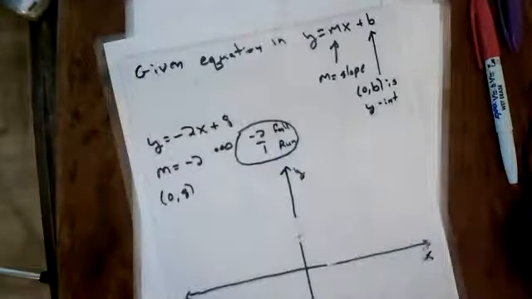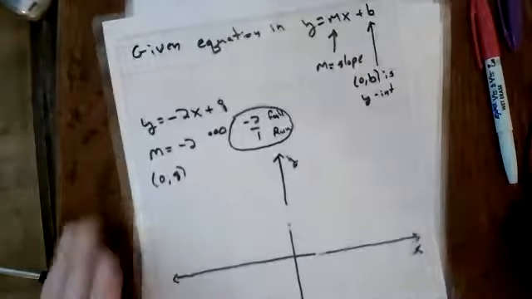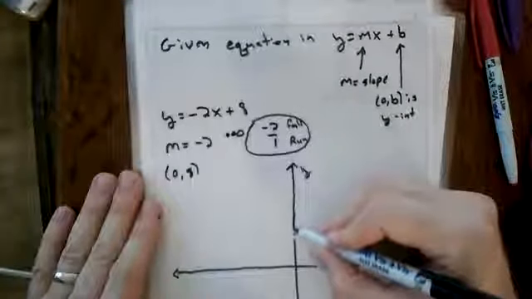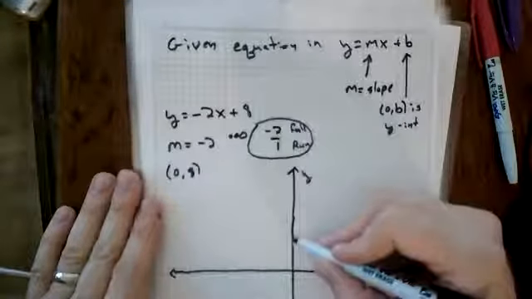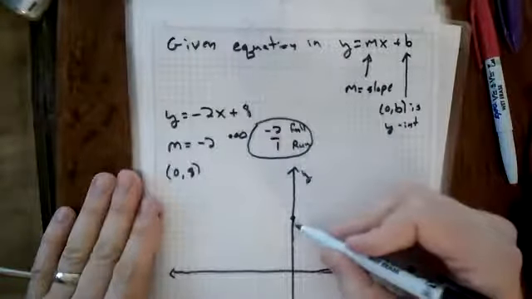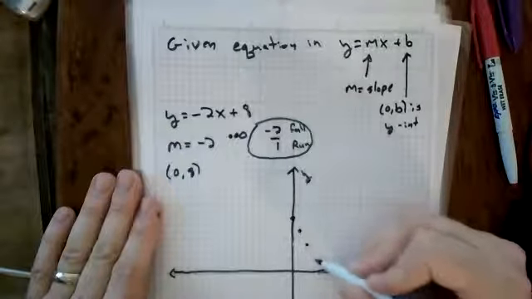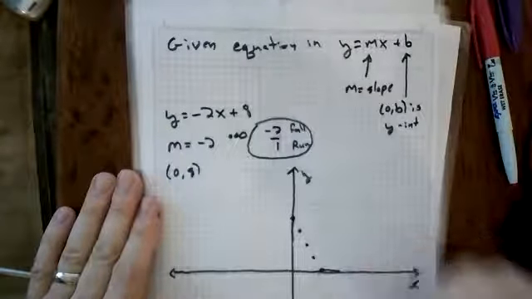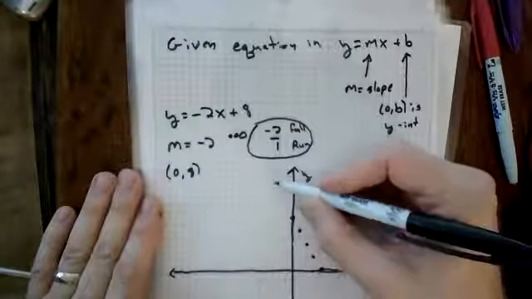There we go. So let me fix our graph here. So yeah, that's 5, 6, 7, 8. It would start up here, but still it's going to go down 2 over 1, down 2 over 1, down 2 over 1. And now we can go ahead and graph our line.